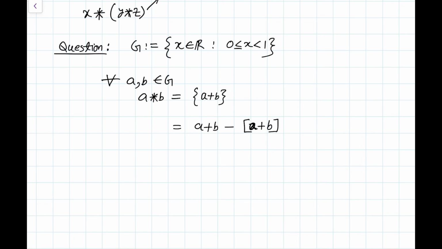Now the question is, prove that this is a group. Let us see how many of you can prove this. So try to prove this.